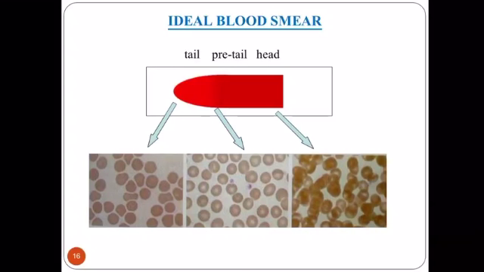We count the cells in the petal area in a zigzag manner. In the central petal area, you can see even distribution of the RBCs as well as WBCs, and the platelets are also seen. So the petal area is used for counting the cells.